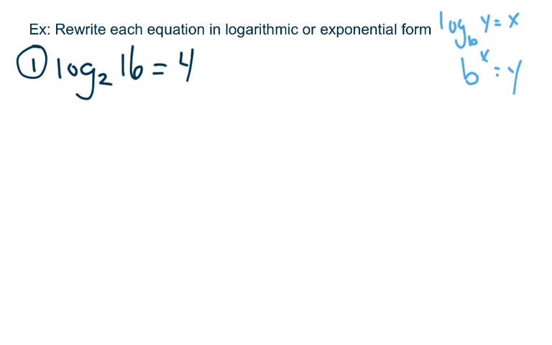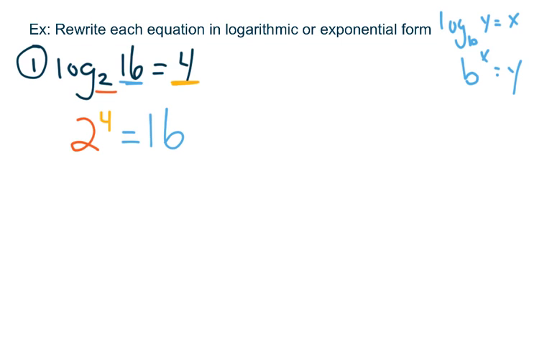Your base in exponential form is going to be 2. Your exponent is this one right here, so 2 to the 4th power, and then it's equal to what you were taking the log base 2 of, so 2 to the 4th is equal to 16.